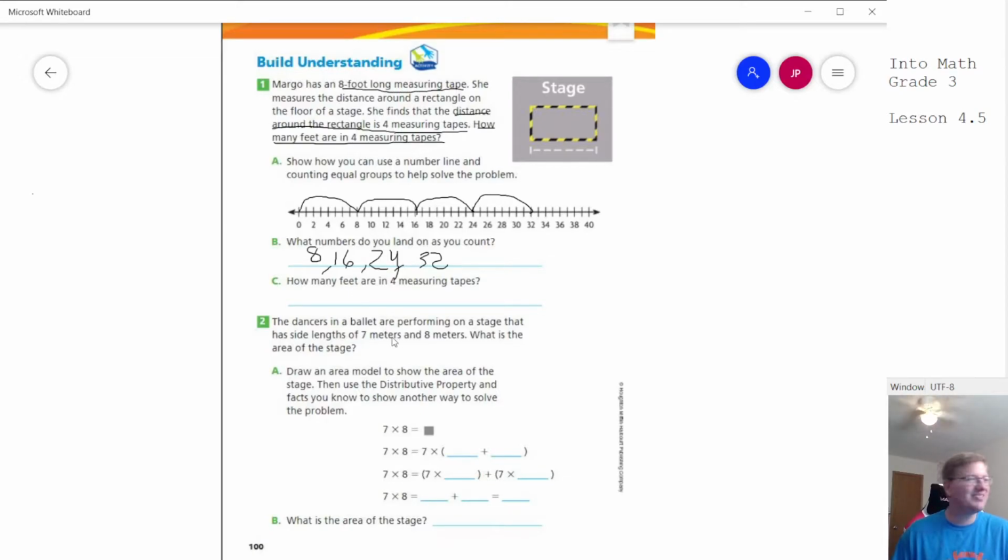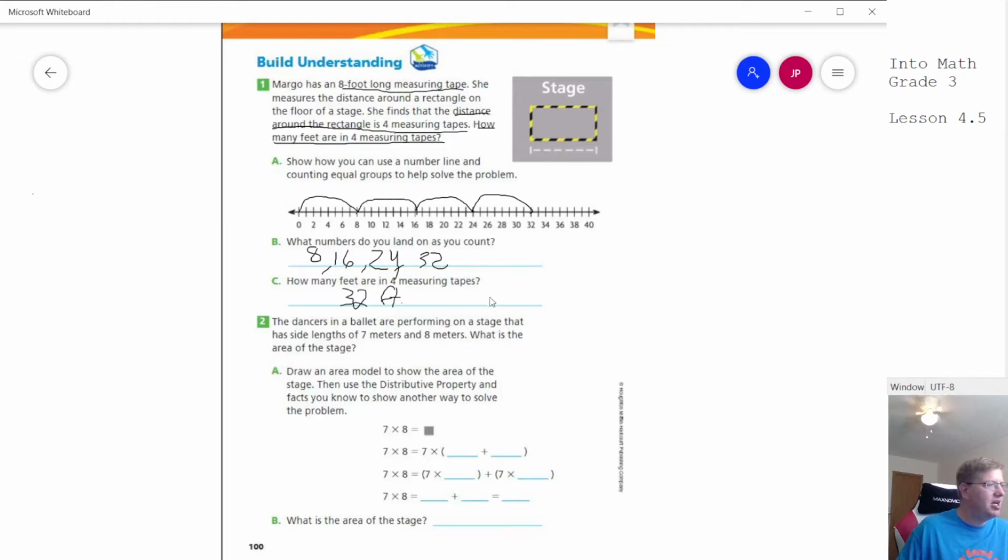So I occasionally see some interesting things when we're working on that. So any chance we get to practice with that would be a great thing. So if you're watching your student working on this at home and you notice that, just remind them they're supposed to start at 0 and end up on the number that we are counting by, which in this case is 8. So that would give us 32 feet.